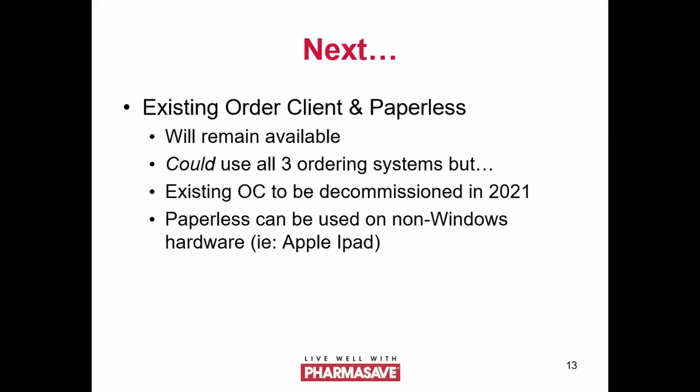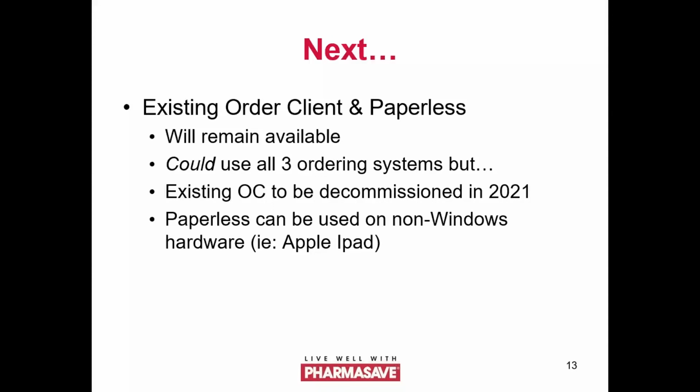We'll know that you ordered X number of vendors through paperless and X number through order client and so many through new order client. We will be decommissioning the old order client. So what's going to happen one day, and I can't say when just yet, you're going to go to the old order client link and it's just not going to work. We're not going to do that and surprise everybody.